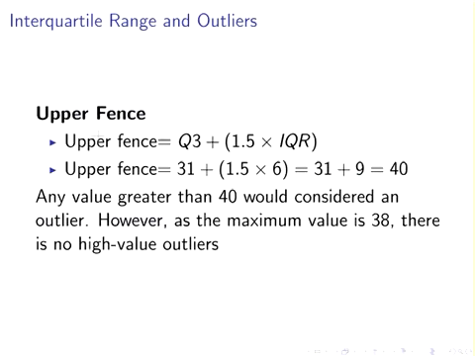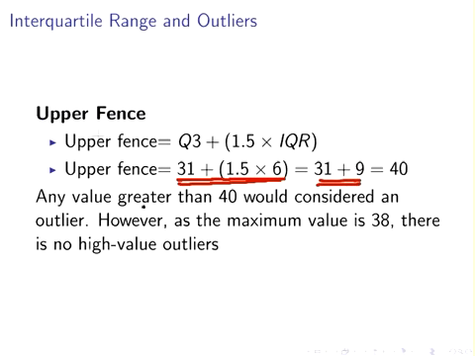let's look at the upper fence. The upper fence is Q3 plus 1.5 times the interquartile range. Q3 is 31, so we have 31 plus 1.5 times 6, that's 31 plus 9, which is equal to 40.